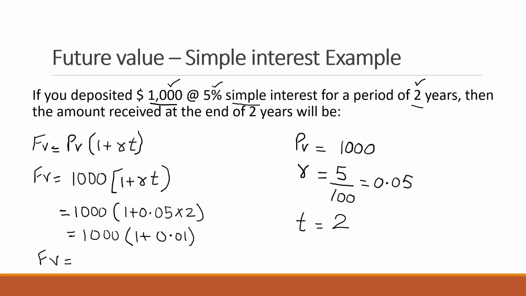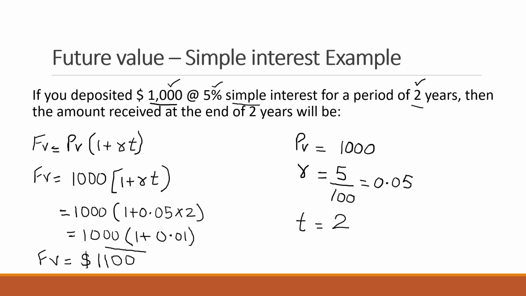Now take the calculator and type it in. Future value is 1000, as given, then open the bracket, type 1 plus 0.1. You will get your answer: $1,100.